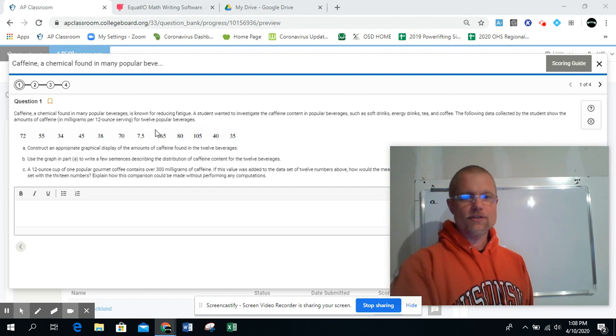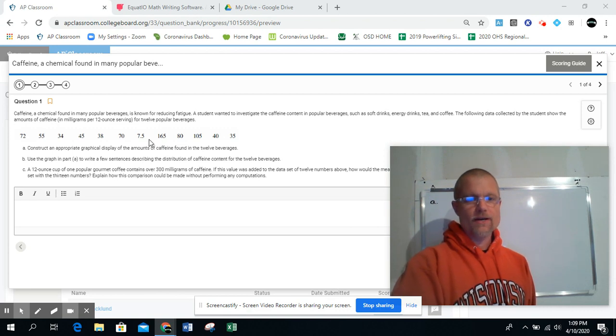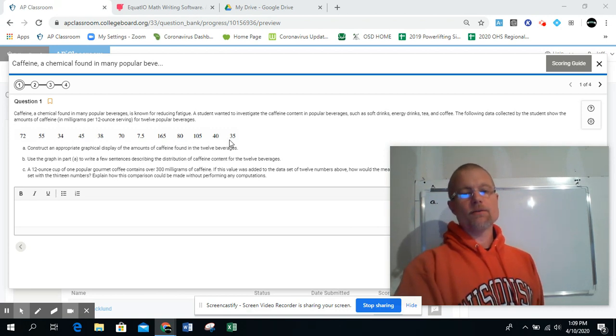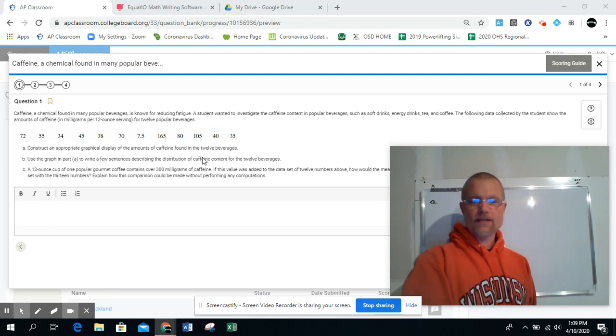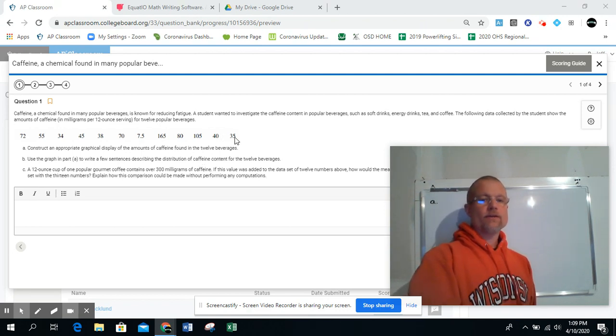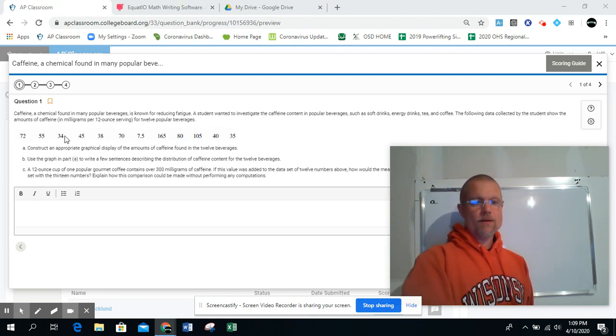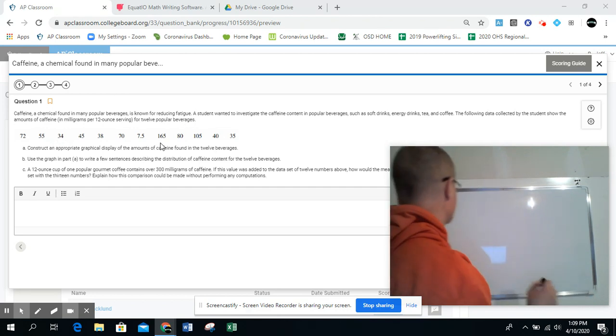Box and whisker plots take us a little longer than a histogram, but if we plug these values in our calculator, we can get a lot of information right away. So I'm going to make my box and whisker plot. It's going to go from 34 all the way up to 165.